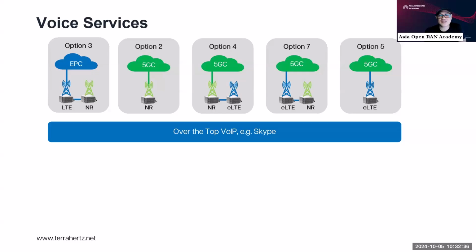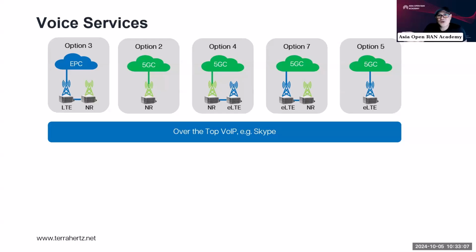Over-the-top VoIP. Okay, sometimes you will see that there are countries that don't allow over-the-top VoIP because they also want to support their operators, not to kill the CS fallback. Right? Because sometimes now, for example, you are already using Viber or Messenger for calls. You're not using voice call because it's expensive.